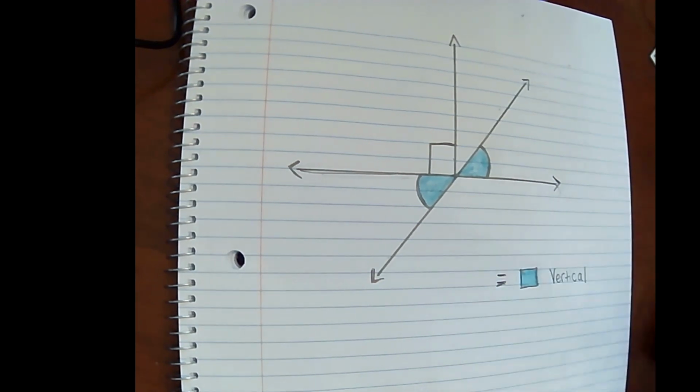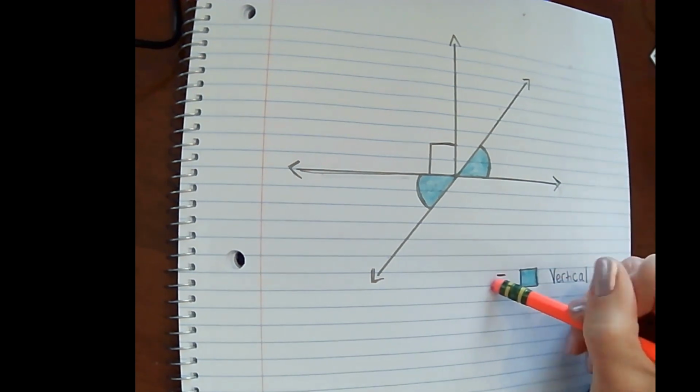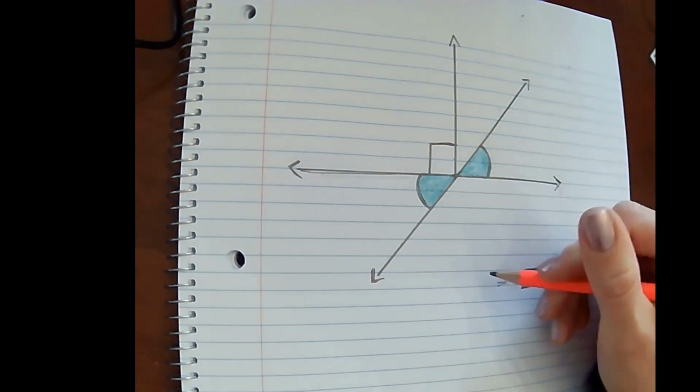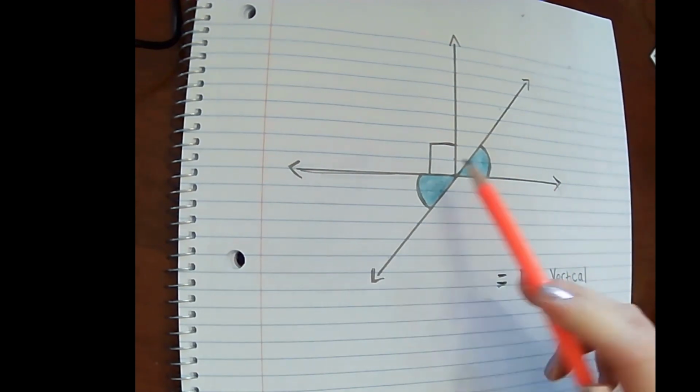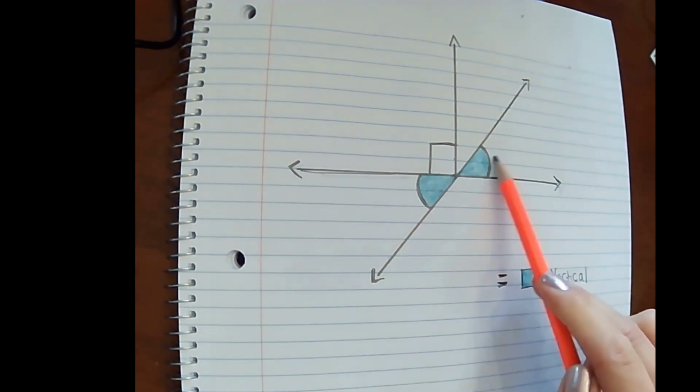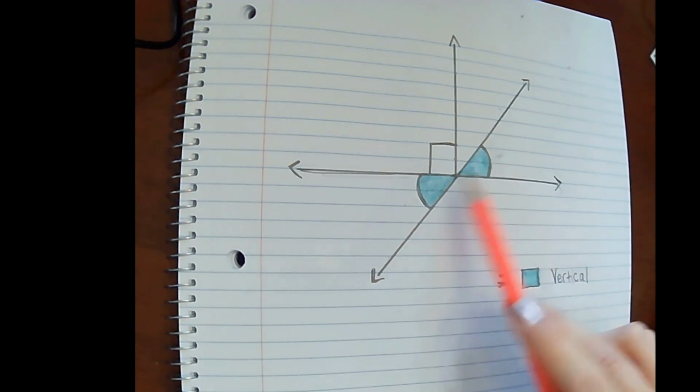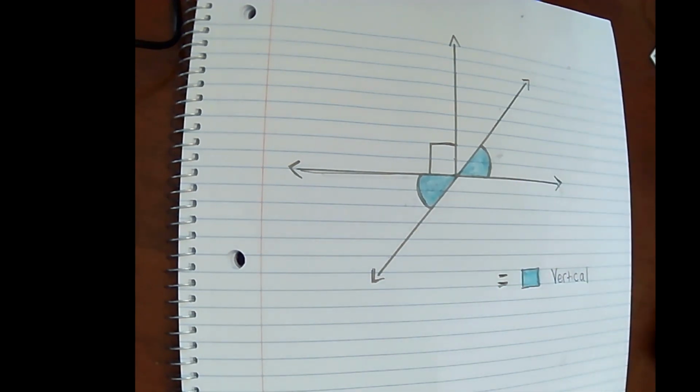So vertical angles are equal to each other. And if you look, they're opposite of each other. So opposite sides of each other, and they are equal to each other.